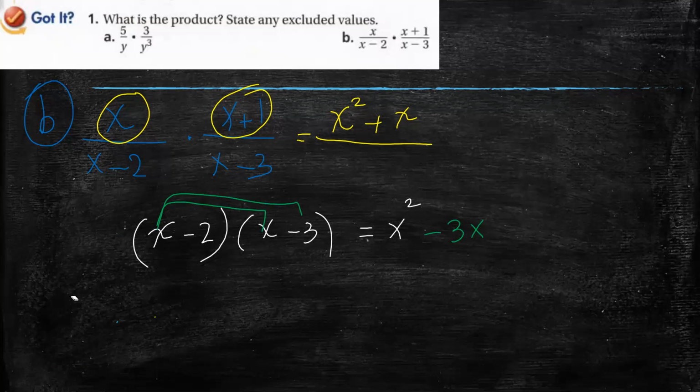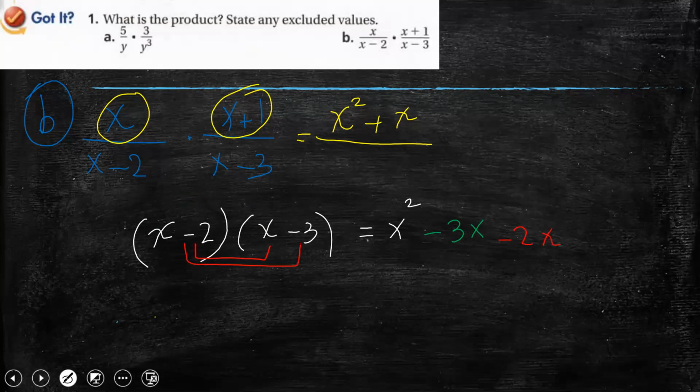Then I multiply negative 2 with x, which is negative 2x, and then negative 2 with negative 3, which is plus 6. So I get x squared minus 5x plus 6.